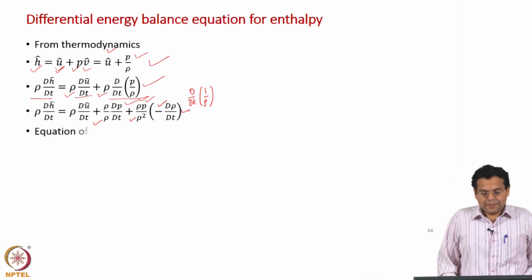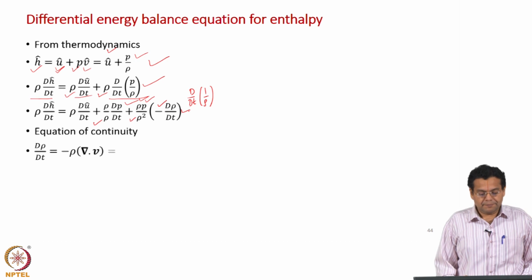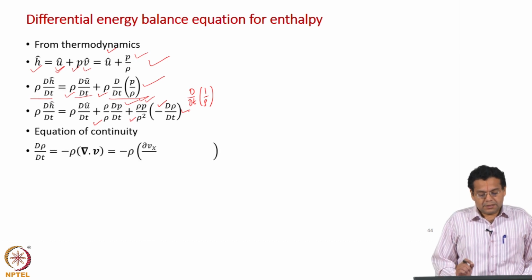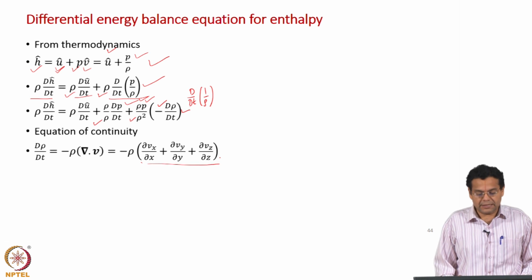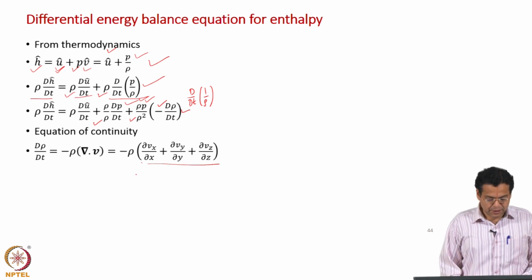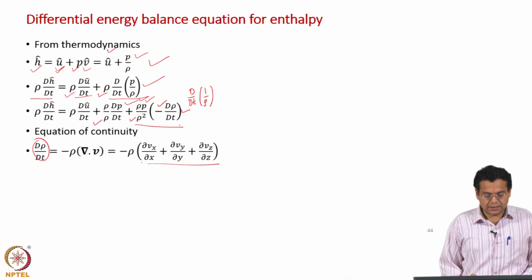Now, to proceed further, we will use the equation of continuity. From a material particle viewpoint, d rho by dt is minus rho del dot v. We know del dot v is the sum of all these gradients of velocity. So, we will substitute for d rho by dt in this last term.